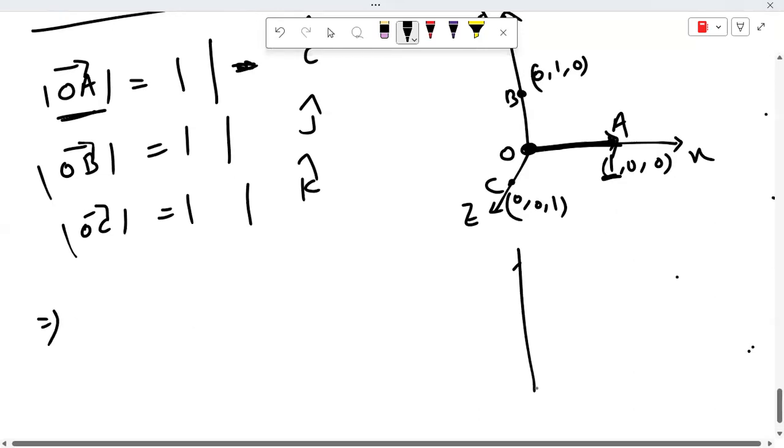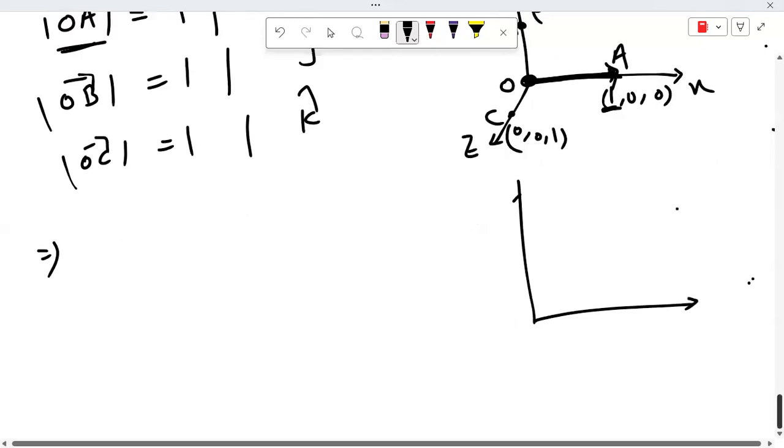Okay, if I take another vector, now I need some visualization from you. Imagine this is coming outside of the screen. This is O, let's say this is A. The coordinate of A is x comma y comma z.